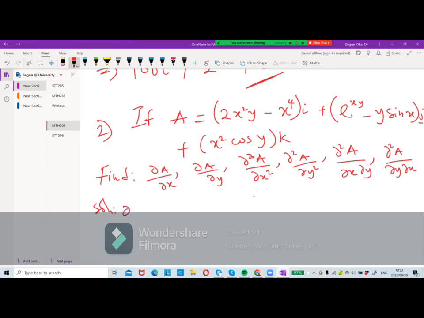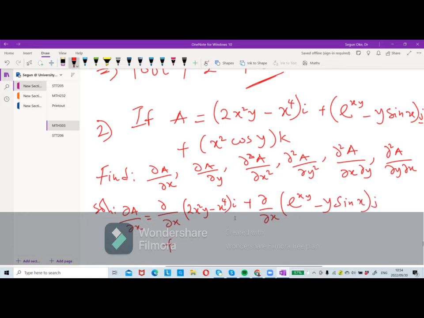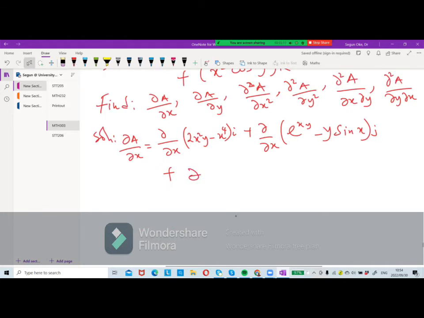The partial of A with respect to x is the same thing as d dx of 2x squared y minus x to the power 4 i plus d dx of e raised to the power xy minus y sine x j plus d dx of x squared cos y k.